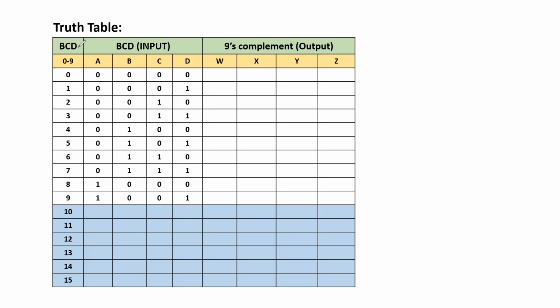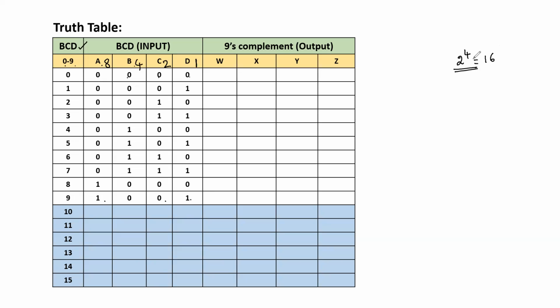The first column gives the BCD digits, from 0 to 9. Next is the BCD in binary form, which is the input, so we have to write these BCD digits in binary. A, B, C, D are the 4 input variables based on the binary weights 8, 4, 2, and 1. We write the equivalent binary from 0000 to 1001. Each BCD digit requires 4 bits, so the maximum number of binary combinations is 2 to the power 4, which is 16, with these 4 input variables.